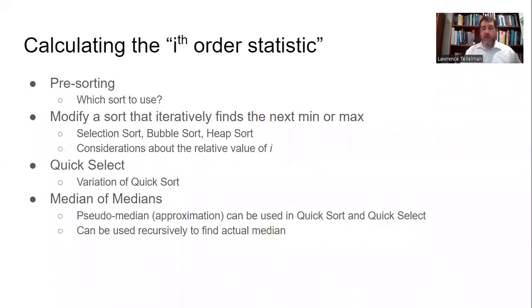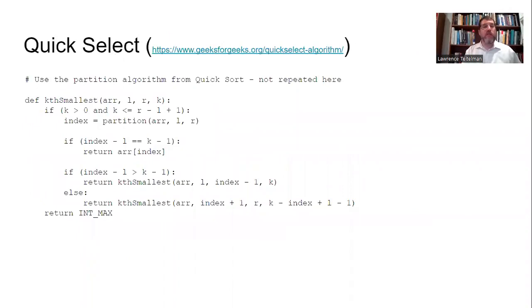Okay, now we get to quick select. I actually have the code for it here. It came from GeeksforGeeks. Does this remind you of anything? You can look at the name or you can look at the code. There are a few hints here.